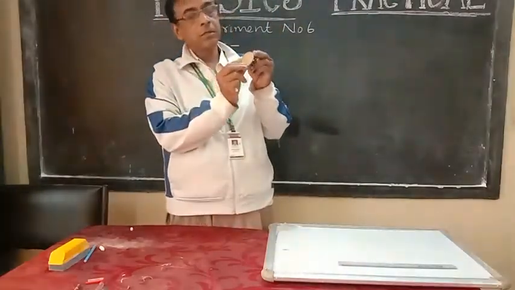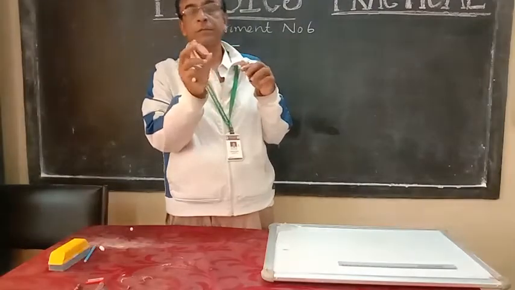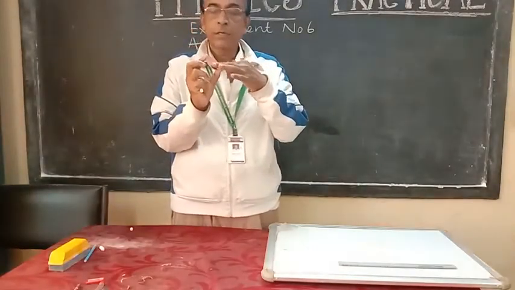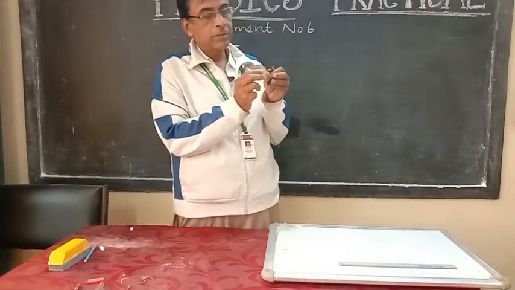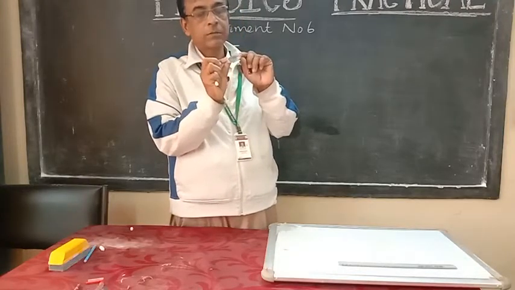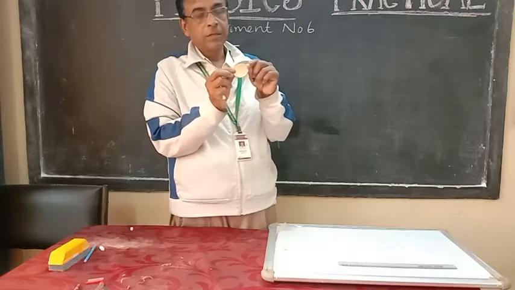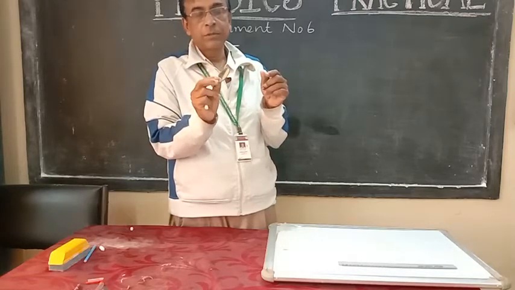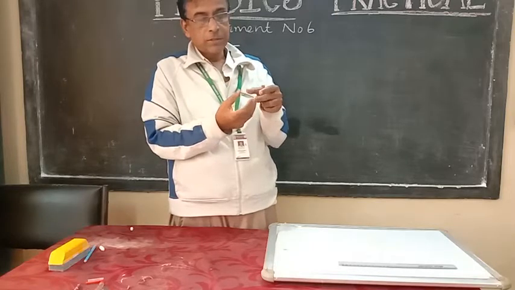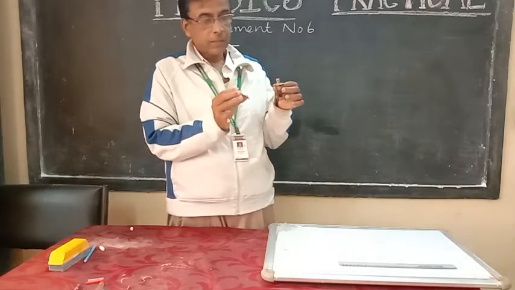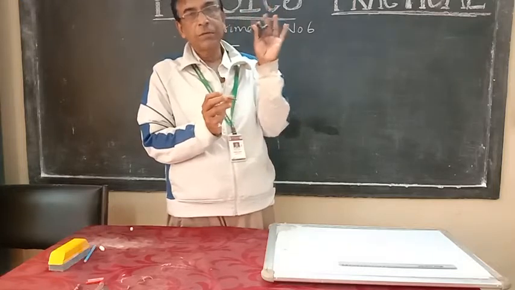It is a convex mirror. This side is concave, this side is convex. So this is a convex mirror. Now we have to find out the radius of curvature in this case by this spherometer.